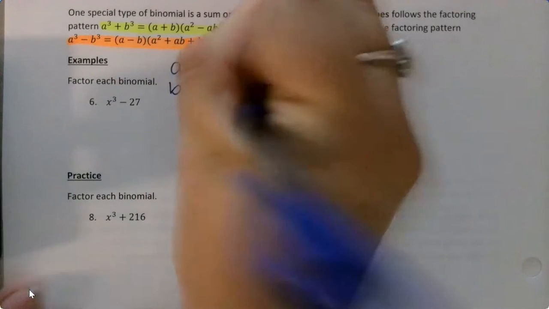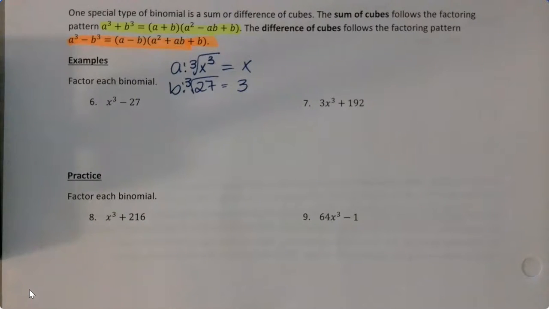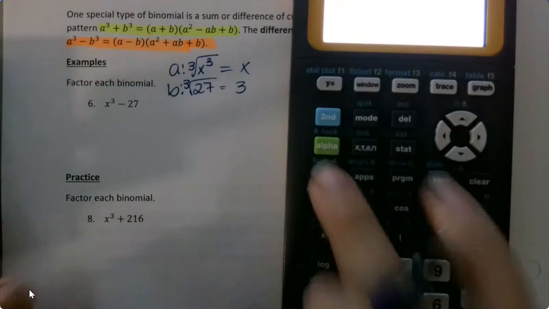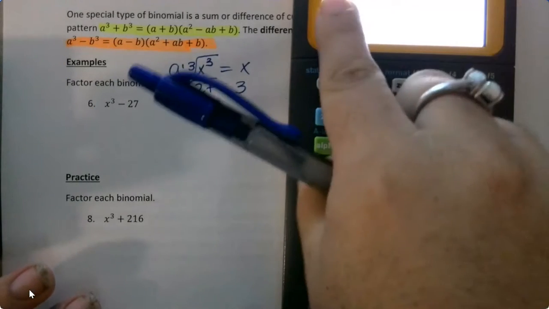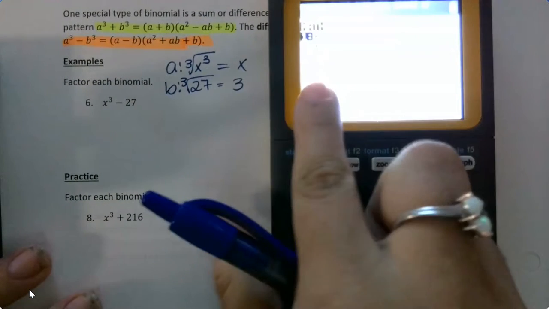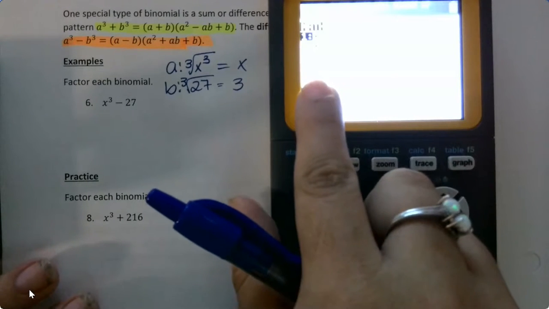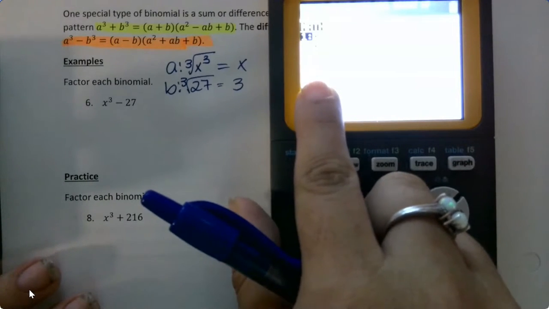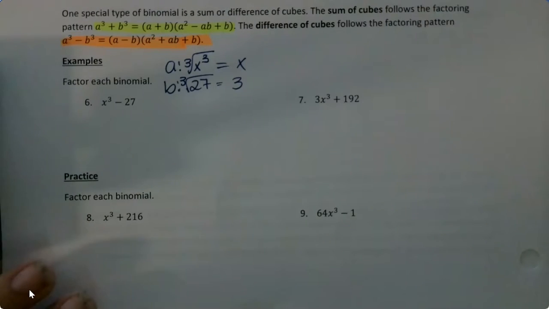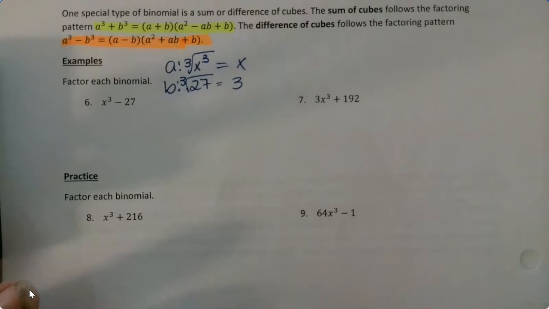Yep, which is 3. If I didn't know that, I can use a calculator. If I go to math, my fourth choice is cube root. I would click that, and then type in 27.